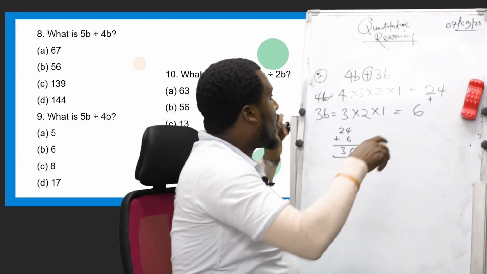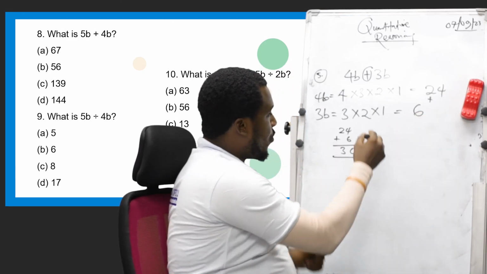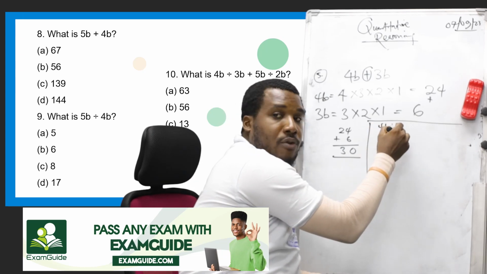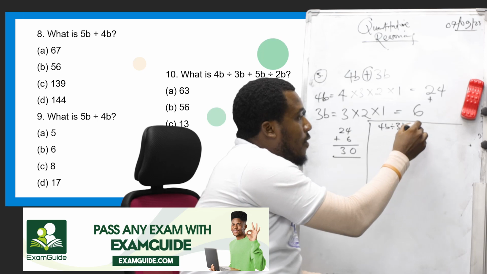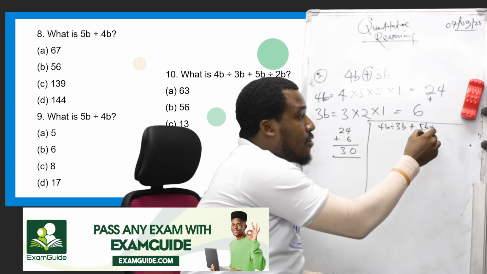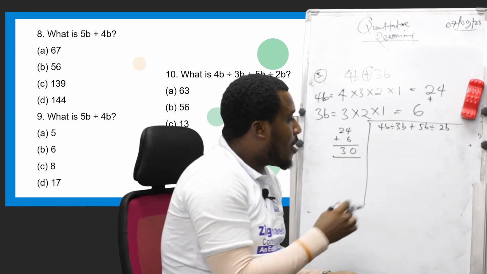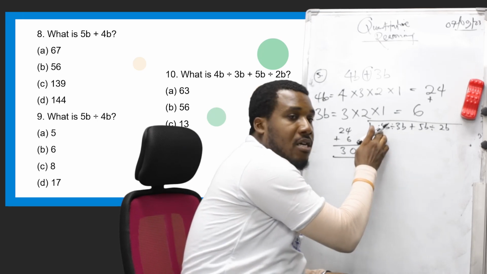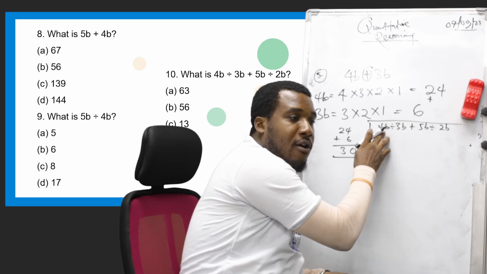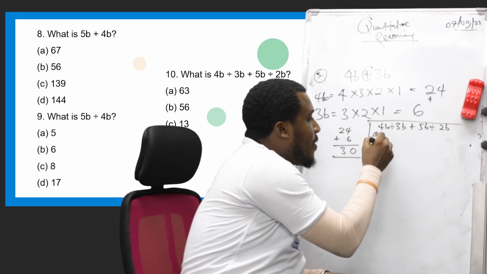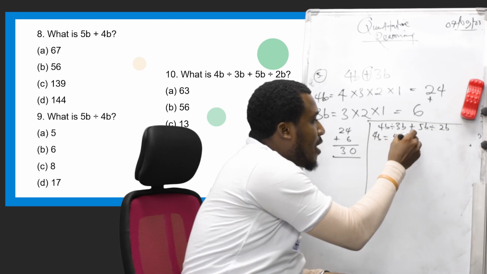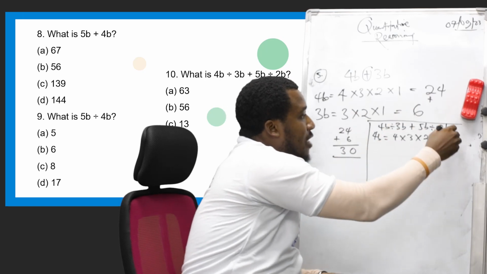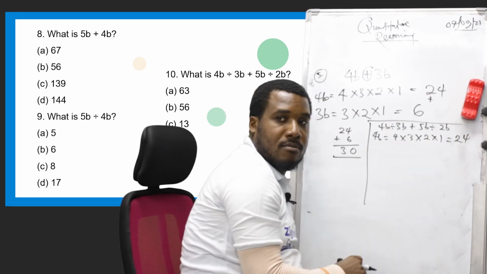So let's see. Let me just do the question over here. In that question, we are asked to do 4b divided by 3b plus 5b divided by 2b. Naturally, we know that what exists here is a division sign, but let's find the numbers accumulated by 4b and then the rest of them. 4b accumulates 4 times 3 times 2 times 1, which we already did similarly, so let's give it 24 to save time.